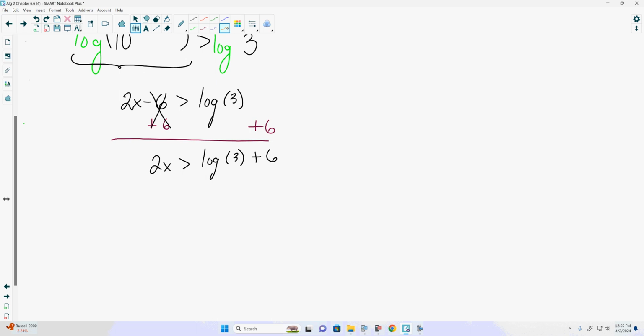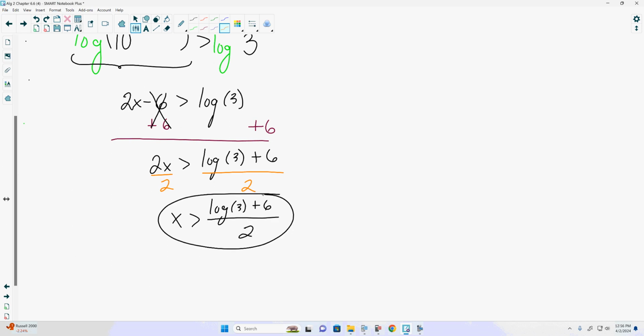And lastly, we would divide by 2, telling us x is greater than log of 3 plus 6, all over 2. And that's it, because we could type that whole thing into a calculator and get the decimal answer. But again, that is the final answer for this.